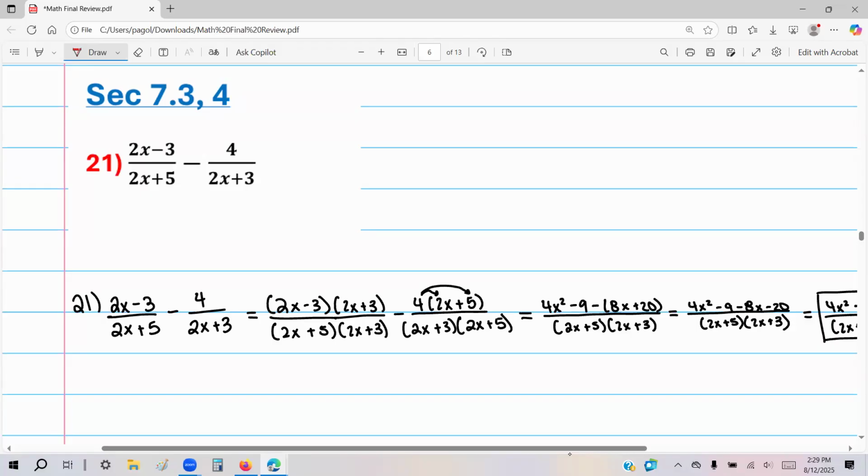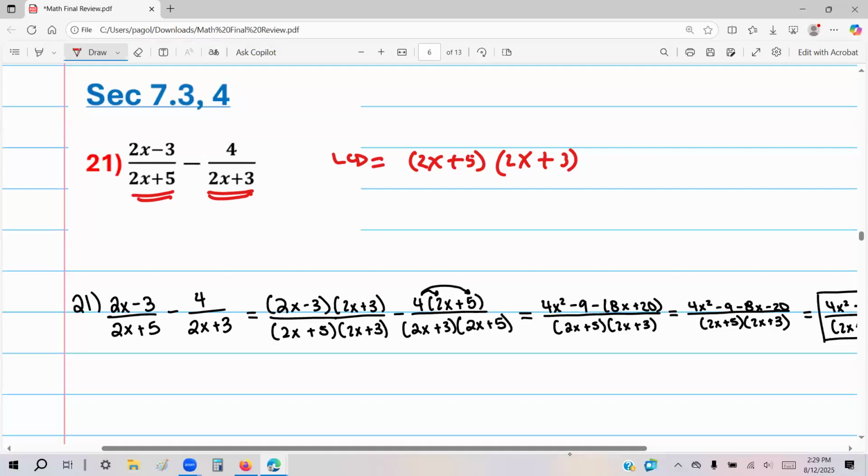So in order to add or subtract, we have to have the same denominator for both. If we don't have the same, if they are completely different from one another, the LCD is both of them. For example, this is completely different than that. So the LCD is both of them: 2x plus 5 and 2x plus 3.